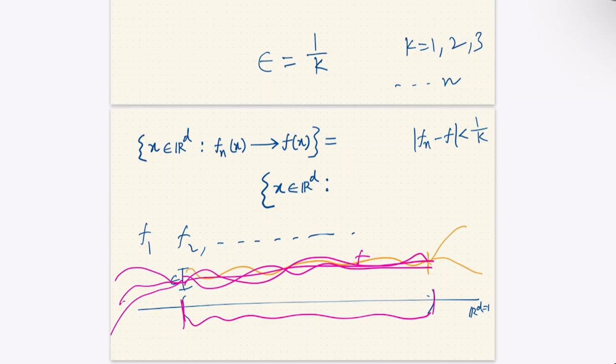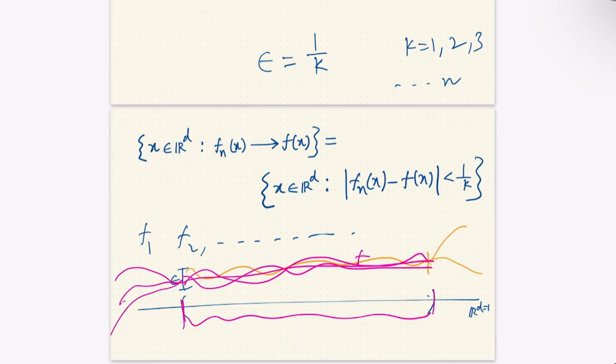Okay, so now I will write here: fn of x minus f of x less than 1 by k. The epsilon I just replaced with this 1 by k in the definition. But now k is a choice of my interest.